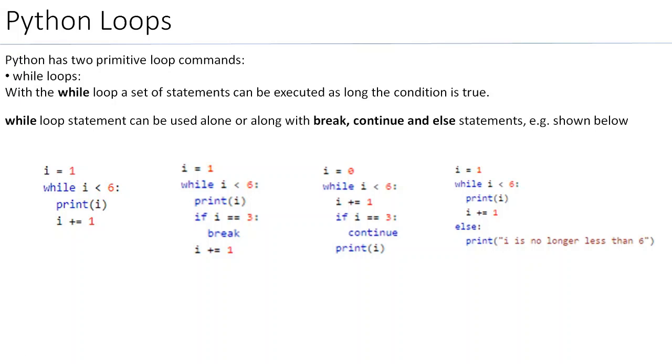So let us look at an example. Say here I want to print from 1 to 5. See, first i is equal to 1, while i is lesser than 6. As 1 is lesser than 6, this evaluates to true, and then we are printing 1. After that we have to increment: i is equal to i plus 1, or you can say i plus equal to 1.